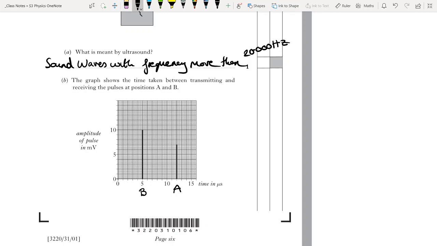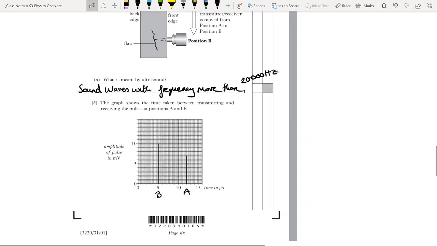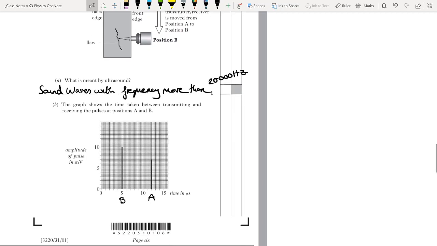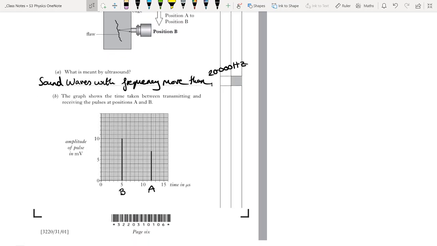So this is the tricky part, analysing what's happening here. One of those lines is when it goes there and back for one of them, and one of them is when it goes there and back for the other. And it must be, the longer time must be A, because it has further to go.